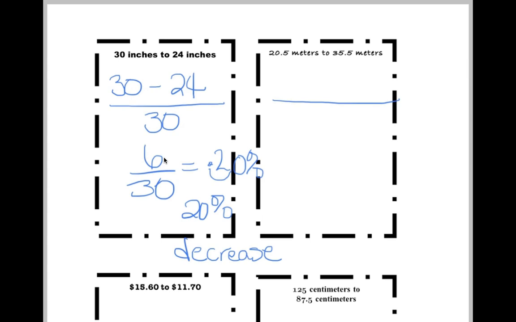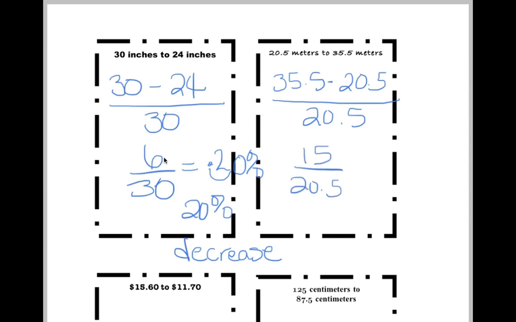The amount of increase is 35.5 minus 20.5, over the original amount, which is 20.5. 35.5 minus 20.5 equals 15 over 20.5. Divide that, and it equals 0.73. I'm rounding it to the nearest hundredth. So that is a 73% increase.